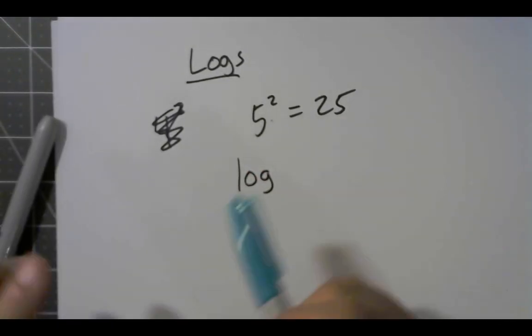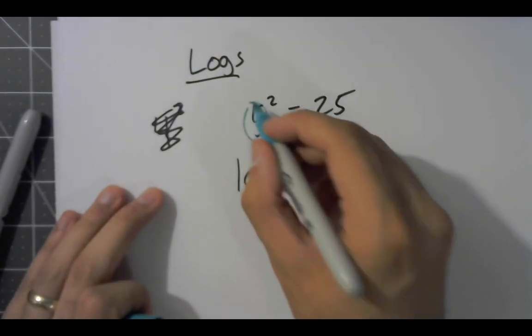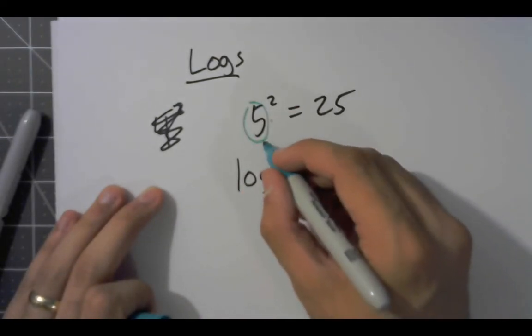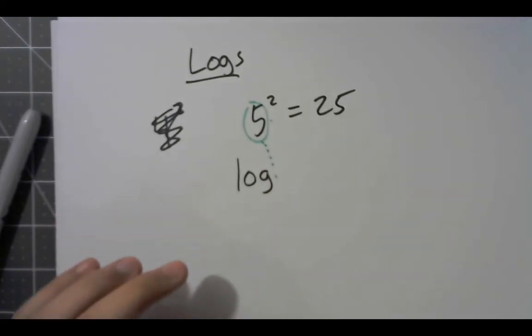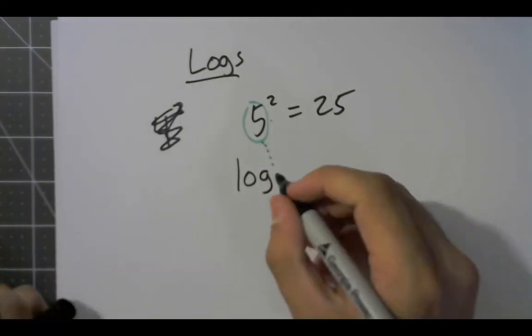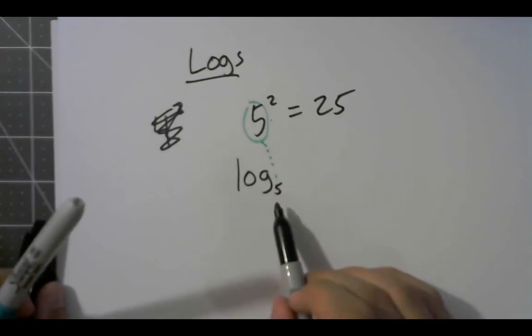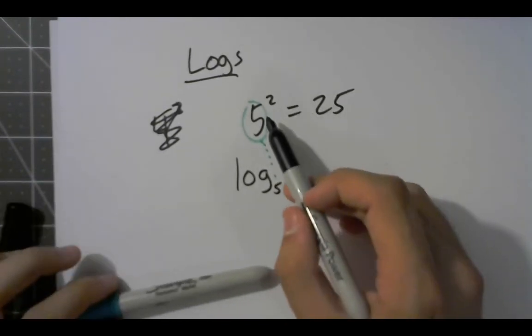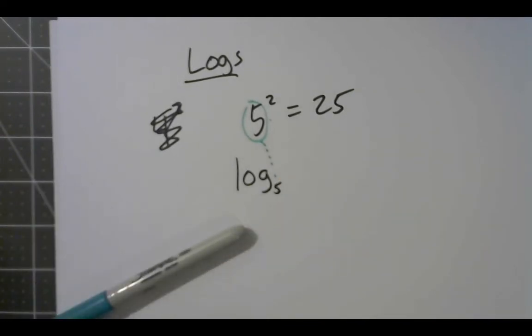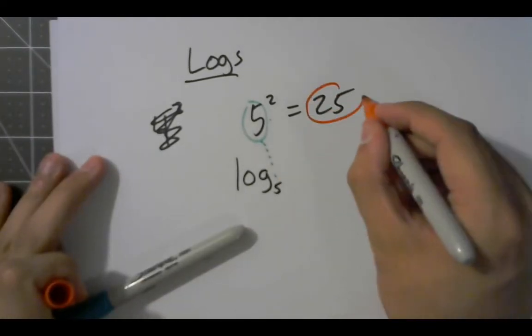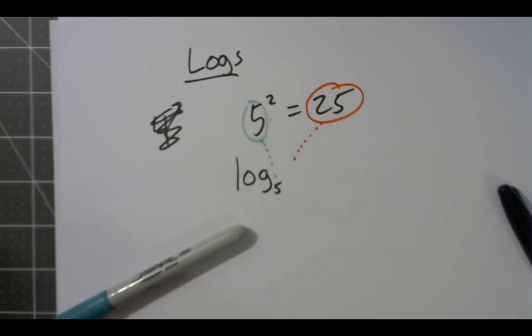So the first thing I'm going to do, I'll take this blue one, and that's going to be our 5 is going to come down here as the small number. So we become log with a little 5. That lets me know that's my base. That's my this to this. And it's going to be 5 to what power gets me 25?